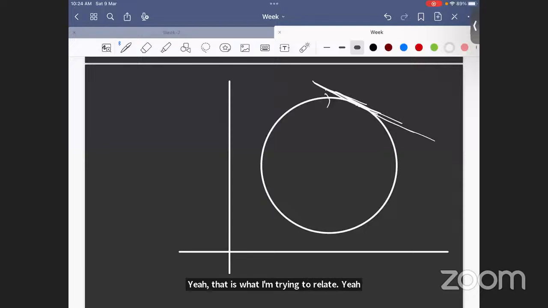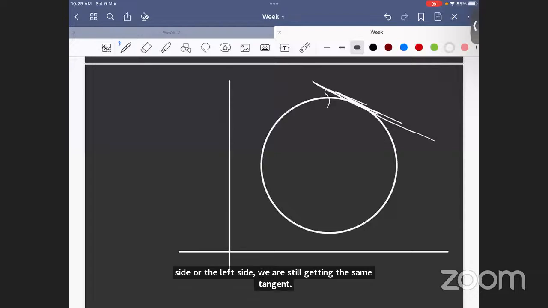Slope is all about your angle with the x-axis, right? Consider this case here. On this circle where the tangent line has been drawn, if we move along the circle, whether from the right side or the left side, we are still getting the same tangent. And the theta that this tangent forms with the x-axis is your slope. Tan of that theta is the slope.